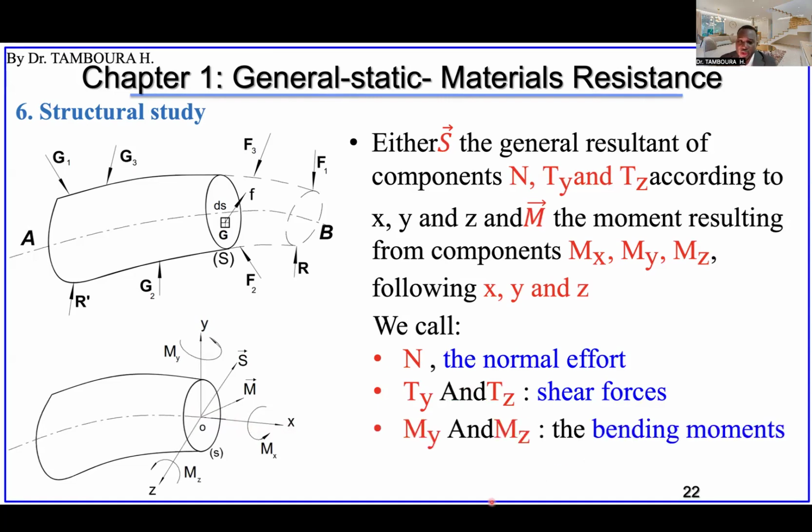very simple. And My, Mz: the moment around the y-axis and the moment around the z-axis. These two moments are the bending moments. Okay, if you apply this, the beam will bend, supposing your beam is like this.